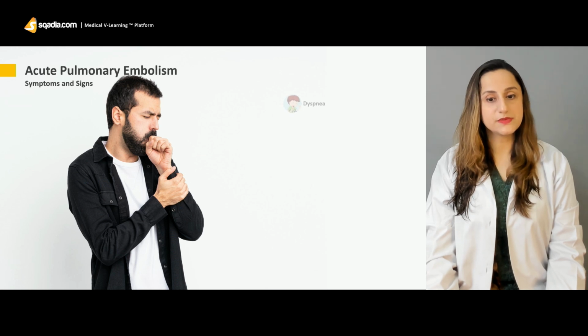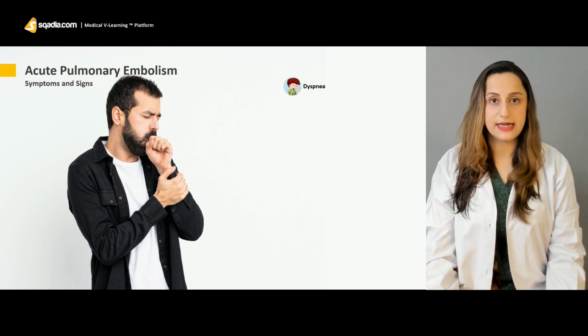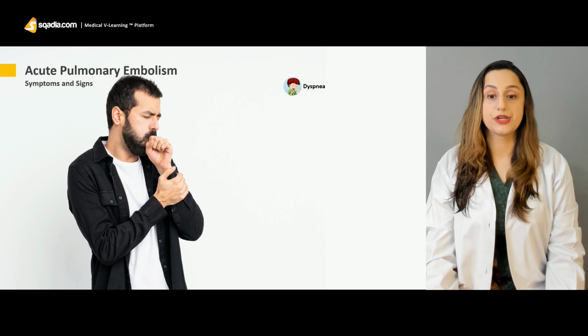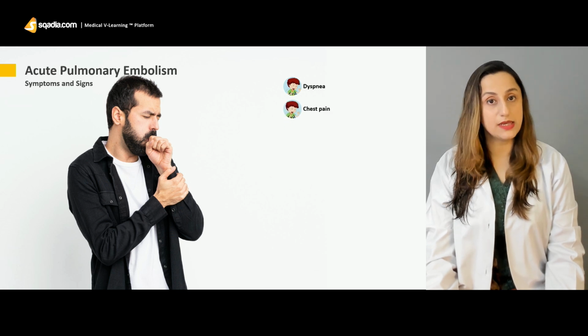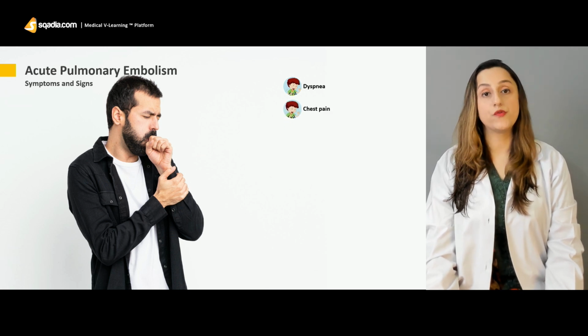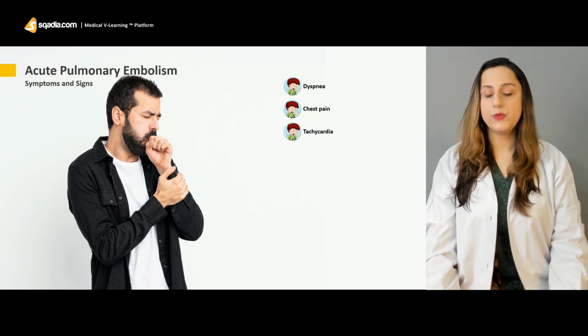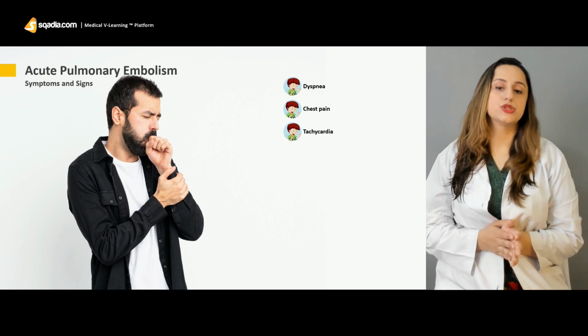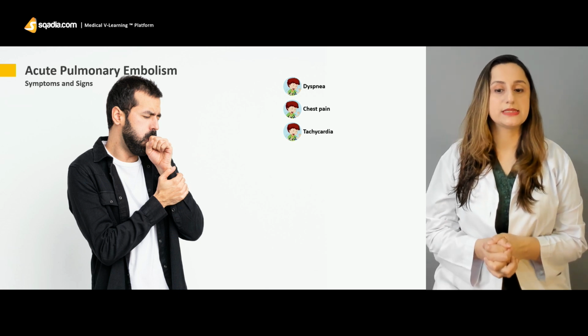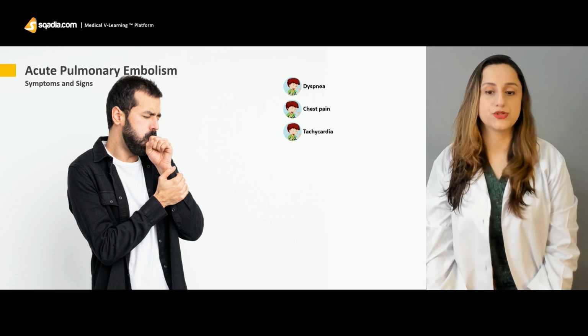The signs and symptoms for these patients are dyspnea, that is the difficulty in breathing, which is noted down. And then we have chest pain, which is moreover pleuritic in nature. And then we have tachycardia, which is also seen in these patients, that is the increase in the heart rate.